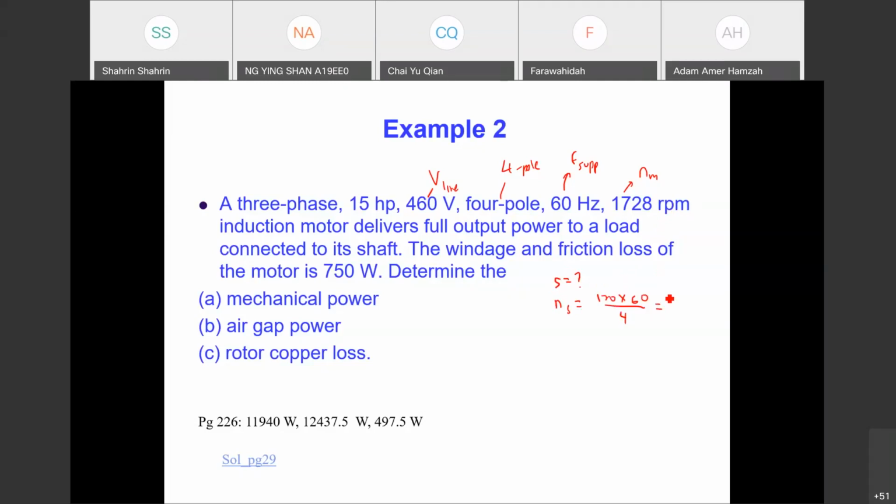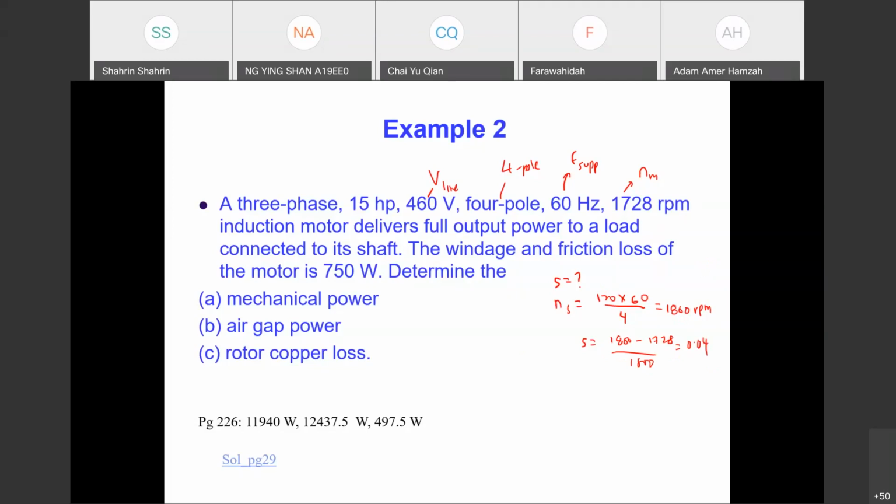This will be 1,800 RPM. So your slip will be 0.04.